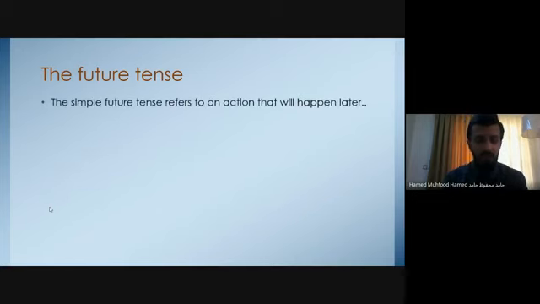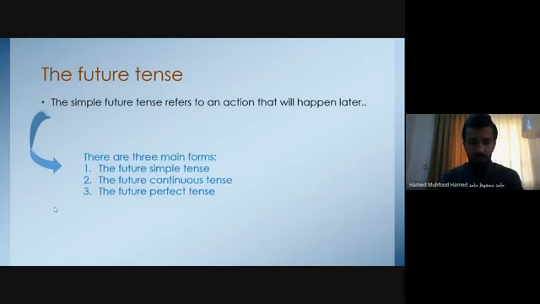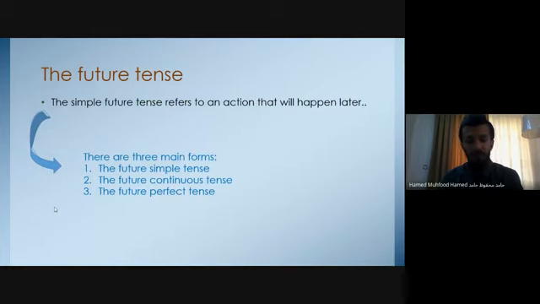So since we are talking about the simple future tense, it means that we are talking about something that will happen later, right? As a matter of fact, there are many forms of the future tense. If you remember, when we studied the past tense, we studied it according to three aspects, right? We studied the past simple tense, the past continuous tense, and the past perfect tense.